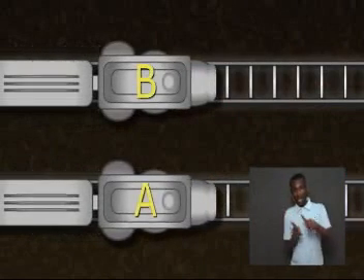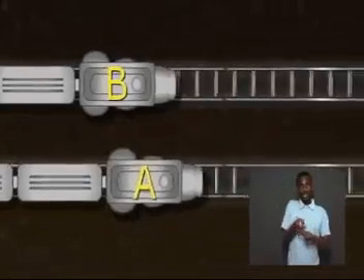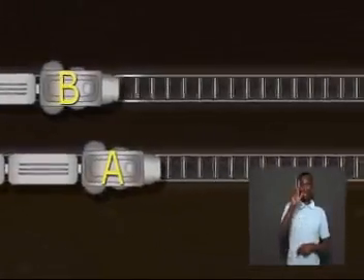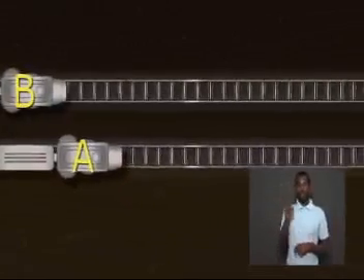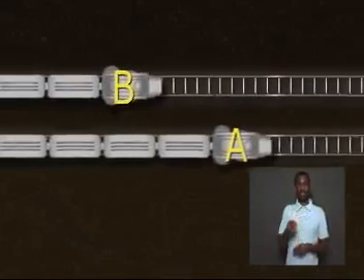Let us begin today's lesson with a review activity in which we will determine relative velocity in one dimension. Two trains are running on parallel straight tracks in the same direction. Train A, moving with a speed of 30 meters per second, overtakes train B, which is moving with a speed of 20 meters per second.